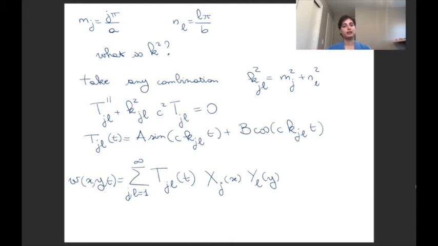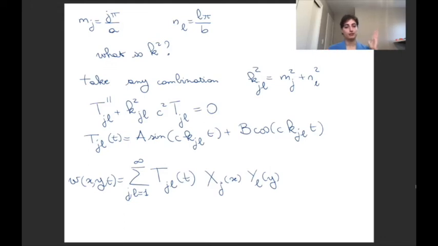If we want to compute k squared, we have to think that k squared is a sum of any m_j and any n_l. So k has two indices, both the j index from m and the l index from n. So now, when we want to solve the equation for time, we have to keep track of these two indices.